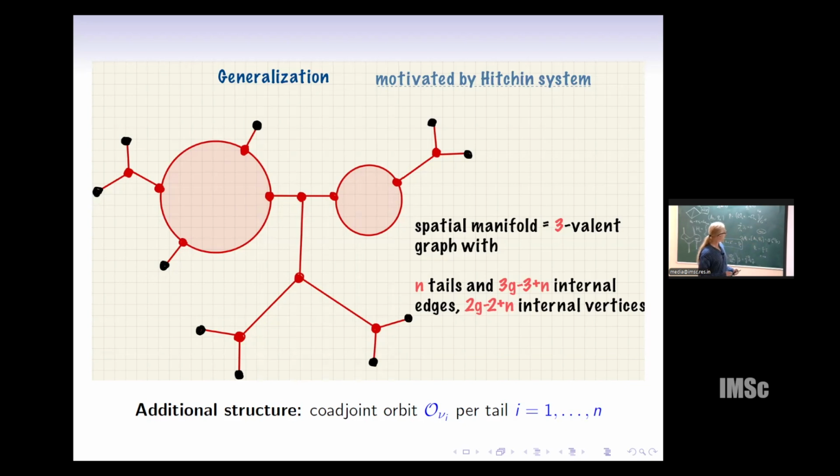And so I will allow for this graph to have some number of tails, some number of internal vertices, and internal edges. And so this data will determine the genus of this graph, which is 1 minus the first Betti number.